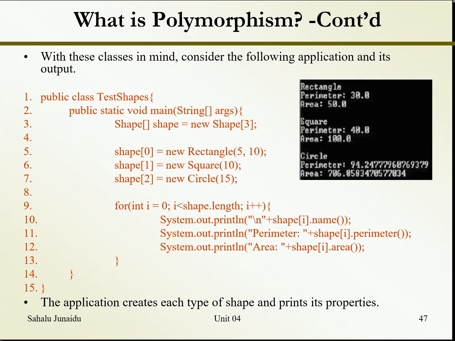We set up a loop from the first element, because you can't start from 1. If you start from 1, that means you are skipping the first element at index 0. So you start from index 0, which I'm sure you know. Then we loop until we get to shape.length. What should be the value of shape.length here? Who can respond?